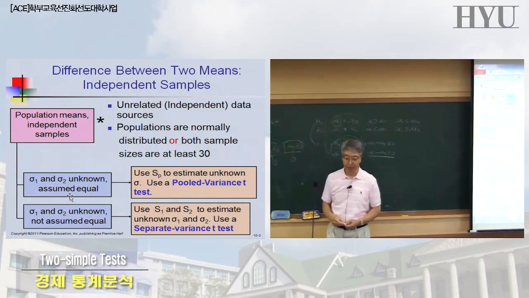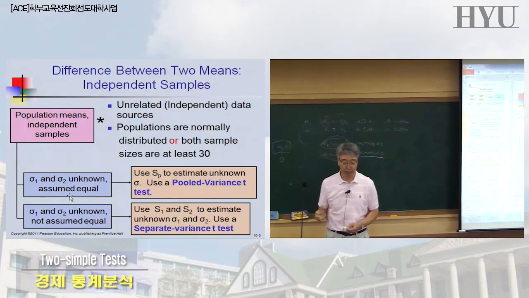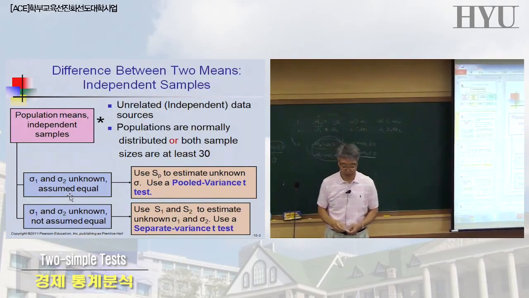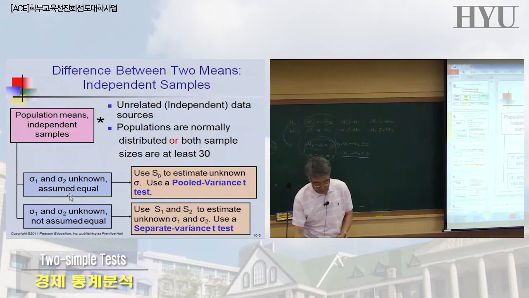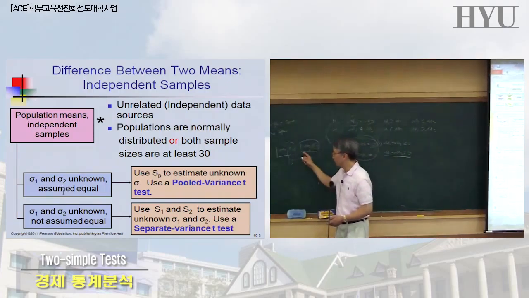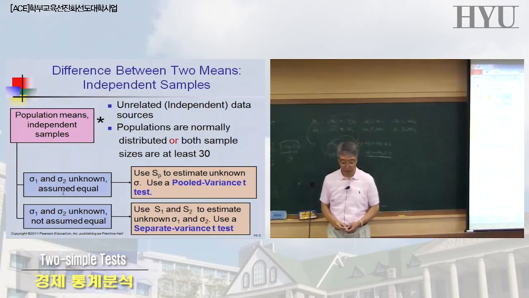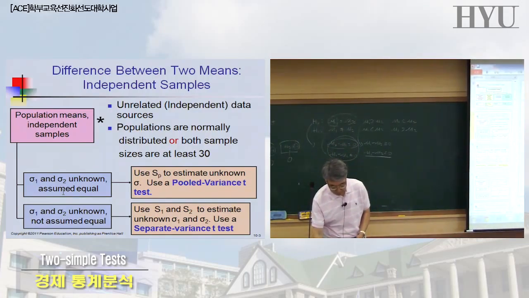Okay? Depending on that question, right, we have to use two different types of testing, right? So the first case we're going to deal with is, reasonably, if you can assume that sigma 1 and sigma 2 are equal, in other words, two populations have equal variance, right? Then we're going to use what we call the pooled variance test, pooled variance t-test, okay?